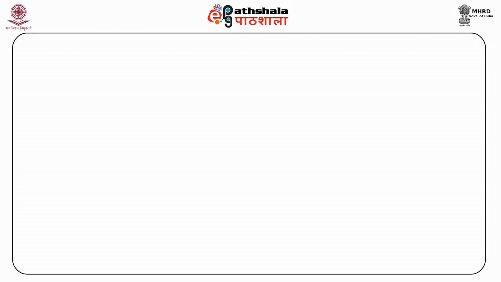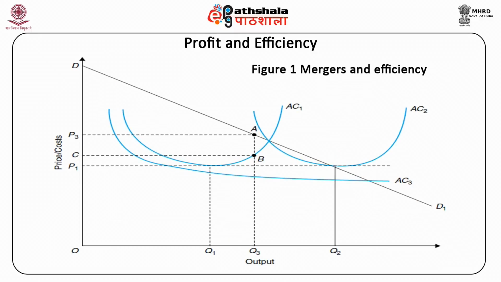Third efficiency theory is profit and efficiency, which we will study with the help of the figure. Figure 1 shows that horizontal merger is based on higher unit revenues from the use of market power and lower unit cost from efficiency savings. Take two firms having identical cost curves, AC1 and AC2, which include normal profit.